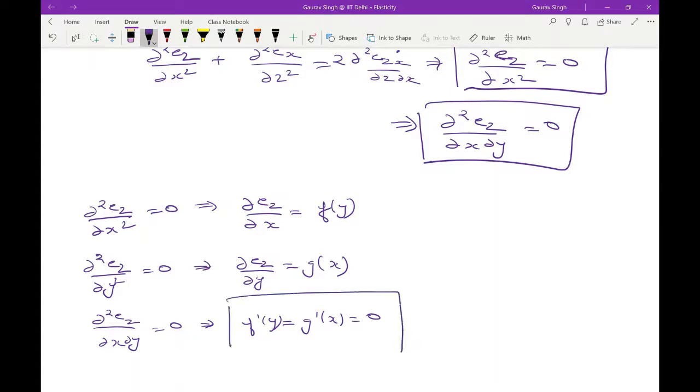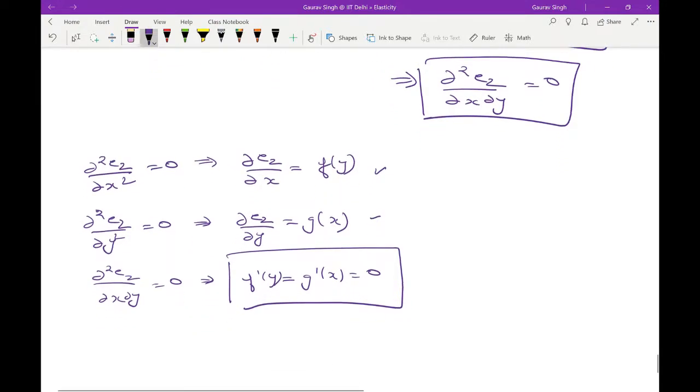From this and this, I think you can easily say this, and you should know which differentiation that dash represents. Now once this is true, this implies that f of y is actually a constant. If the derivative of something is equal to 0, then it's a constant.